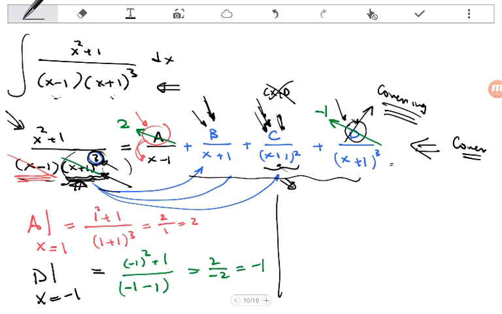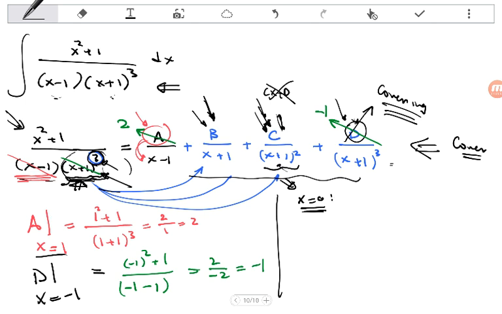So I choose a simple value of x that I didn't use before. I have used x equals 1, and x equals -1. So the simplest value for x is 0, unless I had used it before.